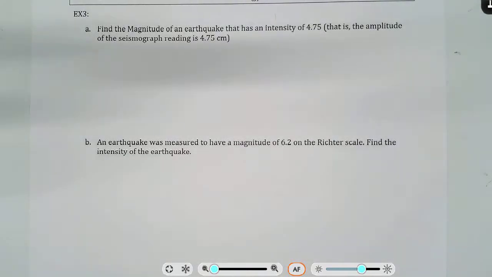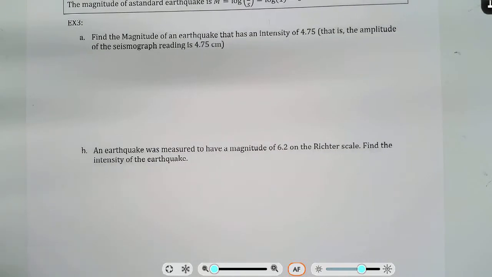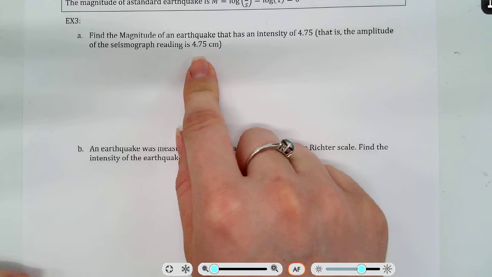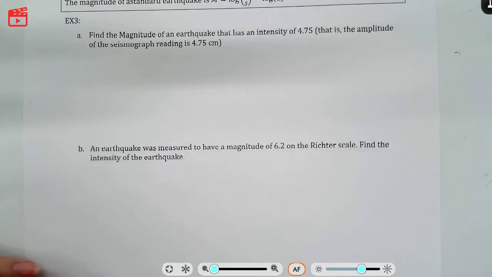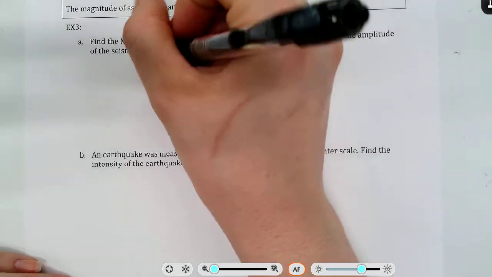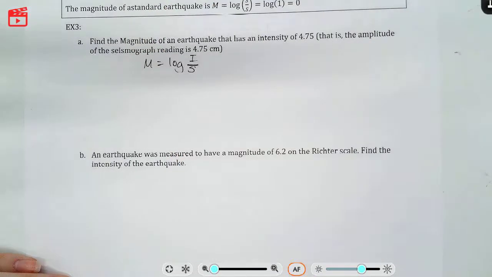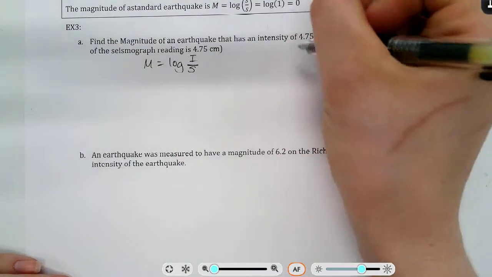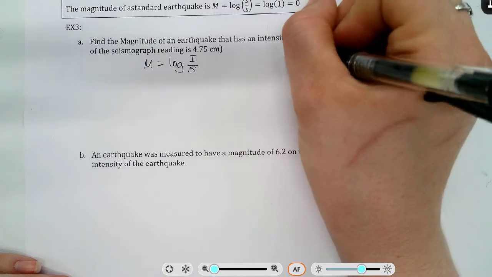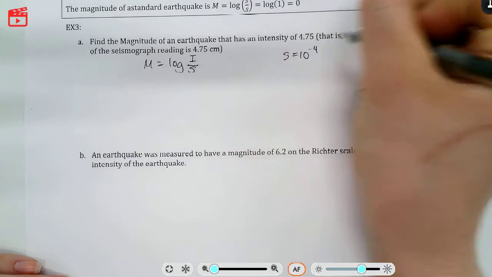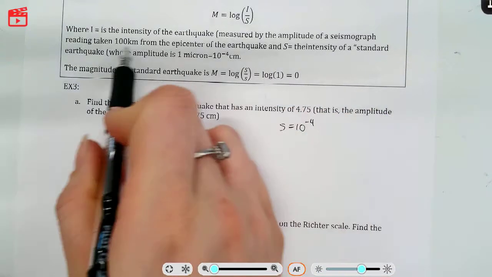So, find the magnitude of an earthquake that has an intensity of 4.75. That is, the amplitude of the seismograph is 4.75 centimeters. Using our formula, M equals log I over S. So we know that S is 10 to the negative 4, from our definition up here.